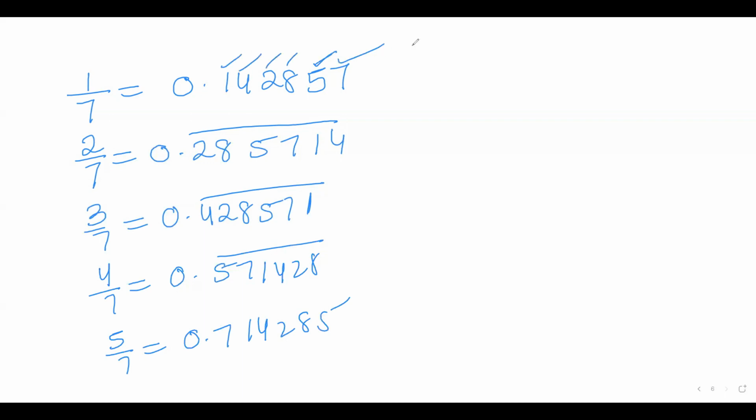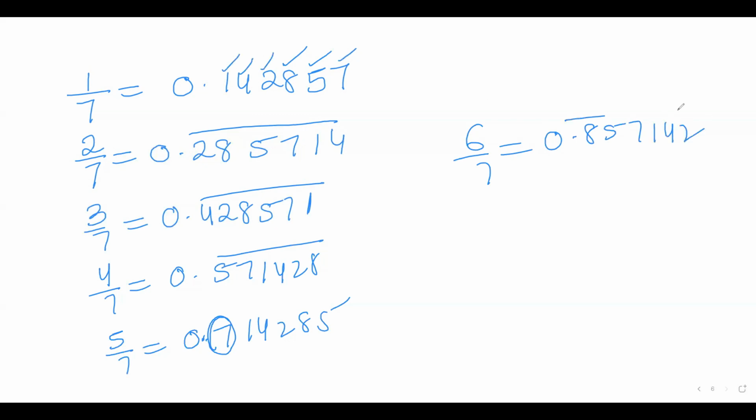Then to find 6 by 7, which is greater than 7, what is the number greater than 7? 8. Start with 8. 0.857142. Put bar in all the cases. So I hope you understood.